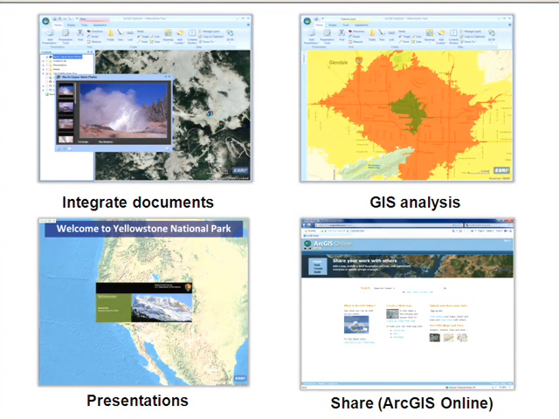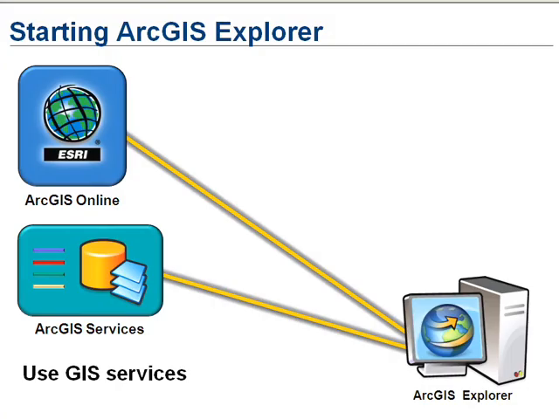Using ArcGIS Explorer. When you start up ArcGIS Explorer, it gets its default base map and the base maps that you find in the base map gallery from ArcGIS Online. ArcGIS Online also powers the tools that you use in ArcGIS Explorer. In addition, you can connect to your own ArcGIS services, which you may have authored using ArcGIS Desktop and published using ArcGIS Server.